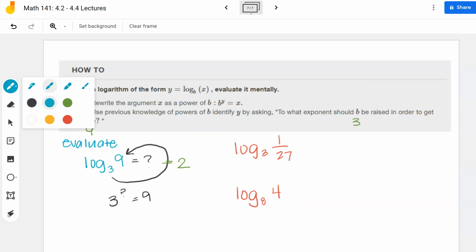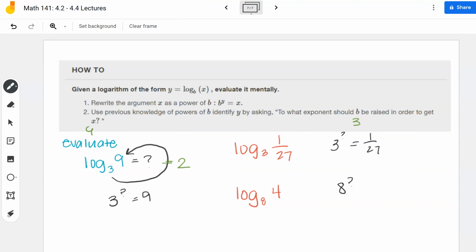What power of 3 gives me 1 over 27? Or 3 to what is equal to 1 over 27? Or 8 to what exponent is going to give me 4? This requires a lot more thinking.